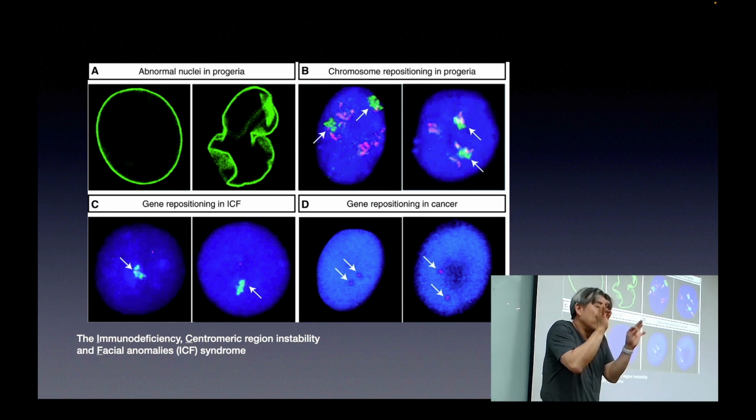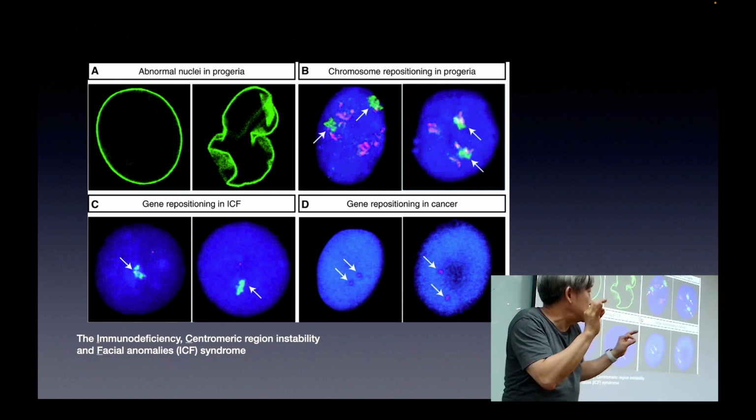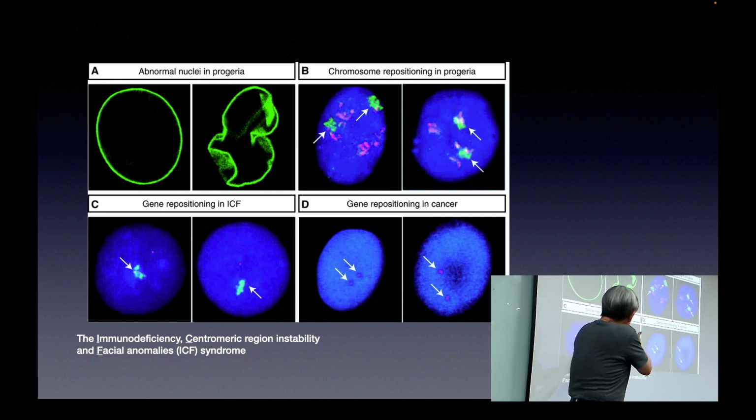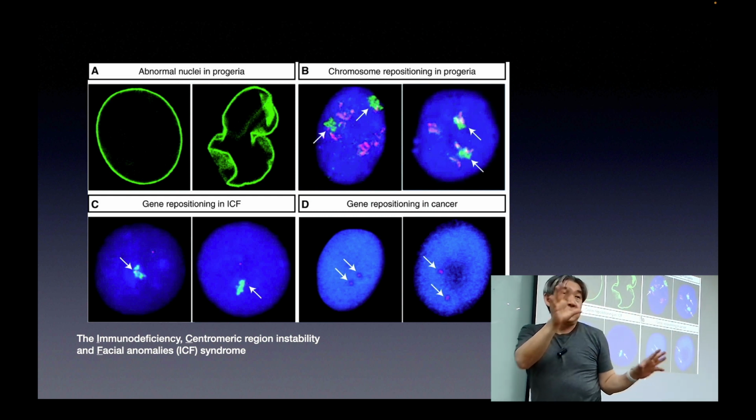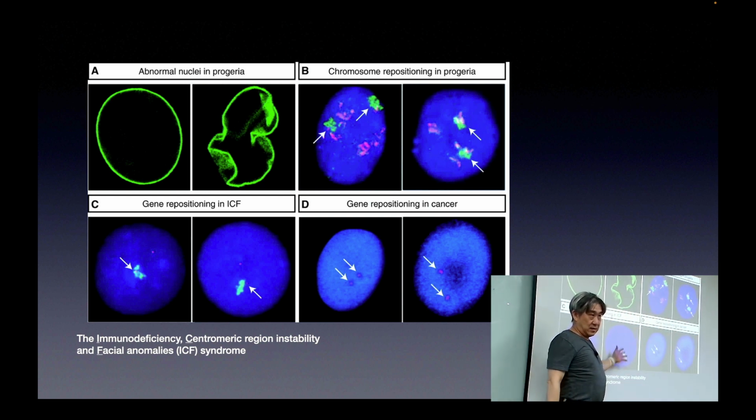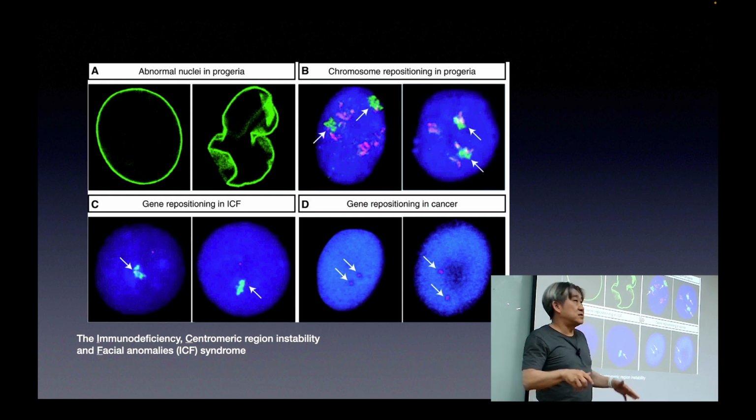This is only one small indicative feature, but from this observation we can sense that the whole chromatin territory is destroyed.